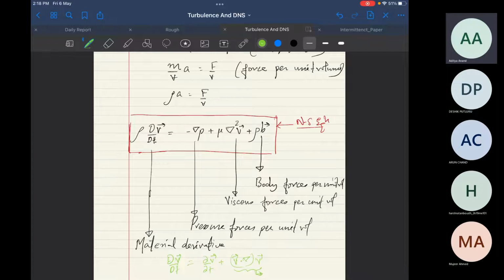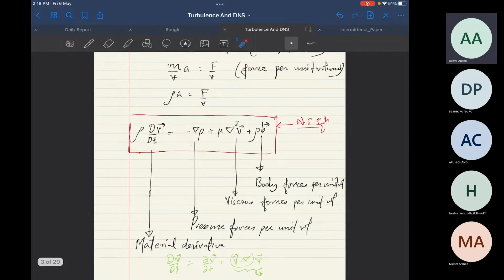On the right hand side there are three terms. The grad p is the pressure force per unit volume experienced by a fluid element. The term with mu is the viscous term; this quantifies the viscous forces. The third term is the body force, or any other kind of forcing that might be there.